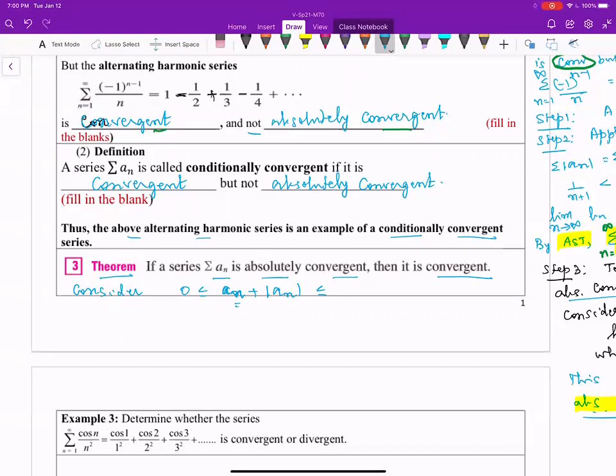Any value is less than or equal to its absolute value, correct? So a_n is less than or equal to absolute a_n, and then there is also another absolute a_n. So we get 0 less than or equal to a_n plus absolute a_n, which is less than or equal to twice absolute a_n.